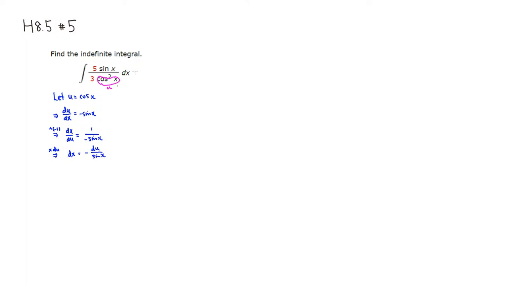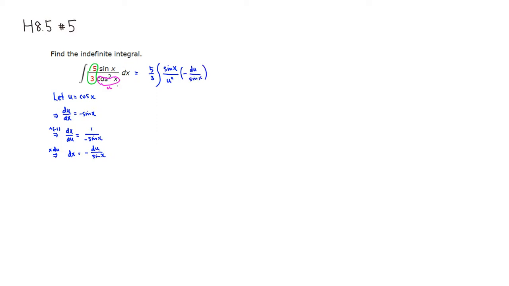So this is going to be equal to, we have a constant in front, 5/3, just a number, so I'll just put it outside. So you have an integral. I'm going to leave the sine of x as it is, and over, cosine is now called u, squared, and dx is negative du over sine of x.